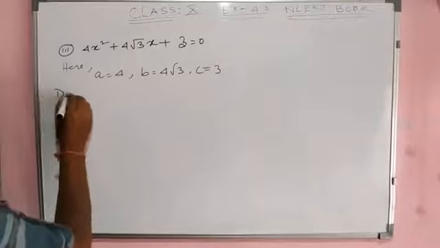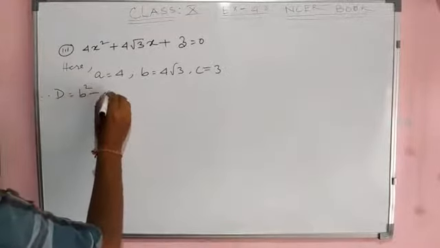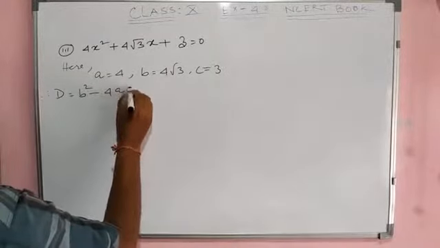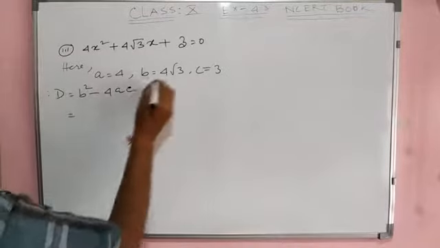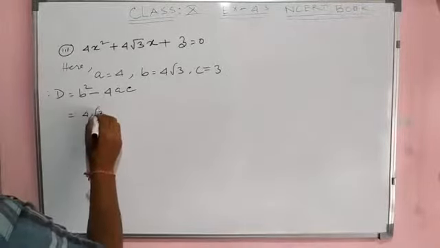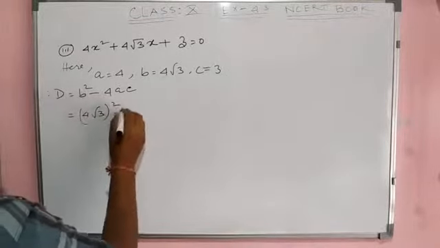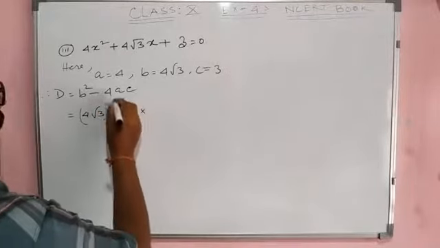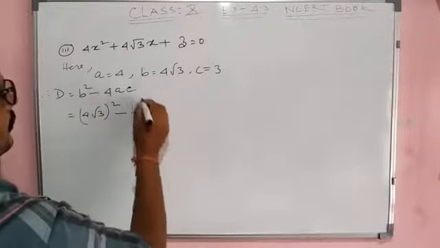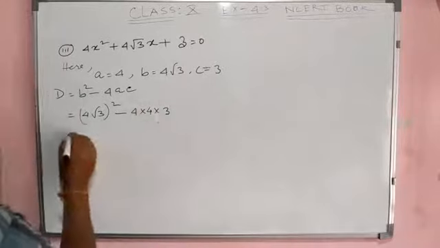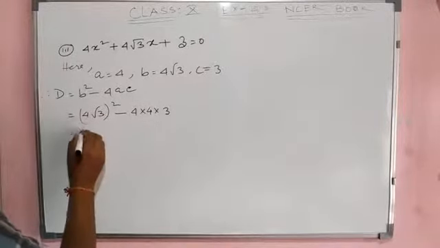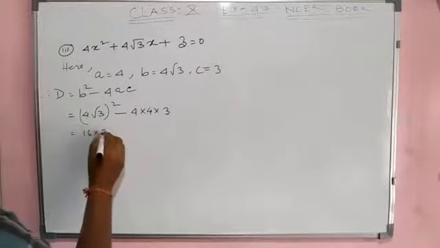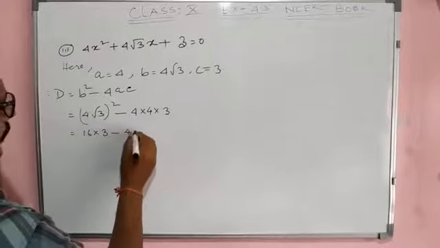Therefore D equal to b square minus 4ac. b means 4 root 3 whole square, 4 into a means 4, c means 3. If we break this, it will be 16, and root 3 square means 3, so it will be 48.